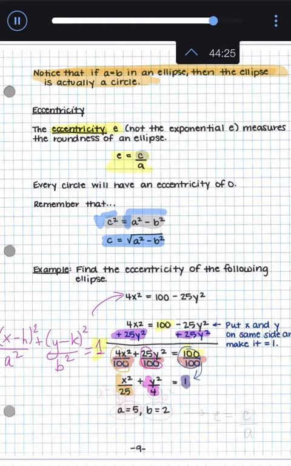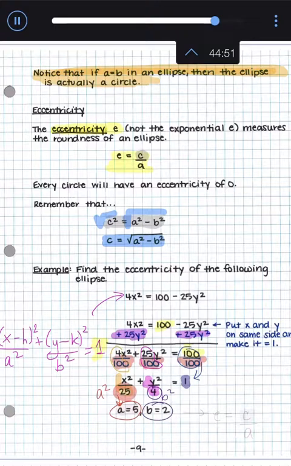So, remember, A ends up being the radius on the major axis, which is the biggest. That's going to come from the 25, which, remember, is already squared, so that side is your A squared, which means your A is just 5. The other one is your minor axis, your B squared, which means B is just 2.